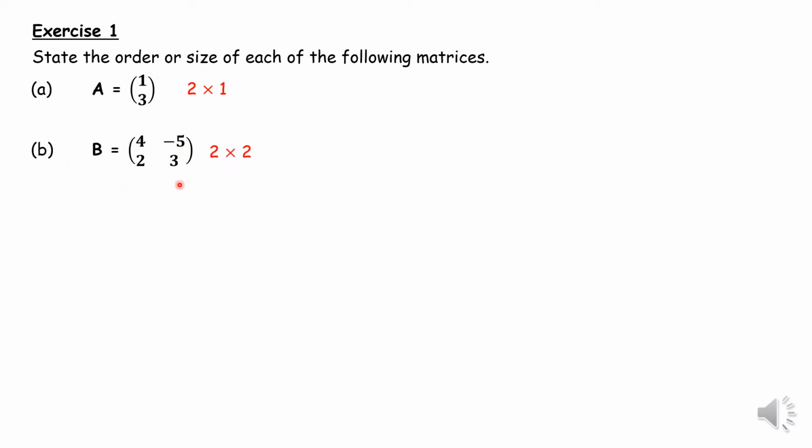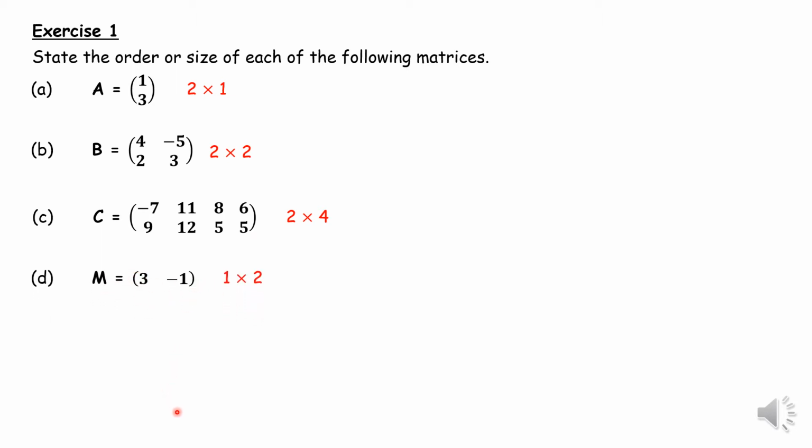Very important that you understand what a 2 by 2 matrix is. This one has two rows and four columns, so this is a 2 by 4 matrix. This one is one row, two columns, so it's a 1 by 2, or 1 times 2 if you prefer to say it like that. This one is one row and 5 columns, so that's a 1 by 5 matrix.